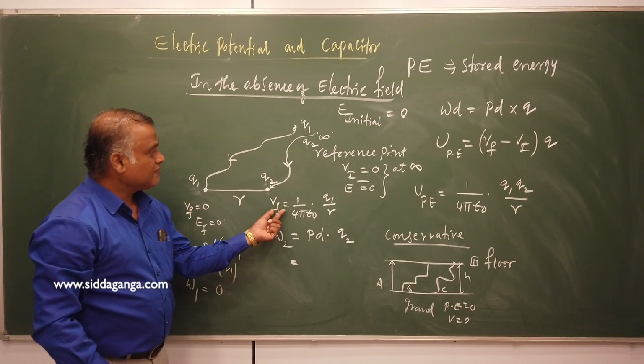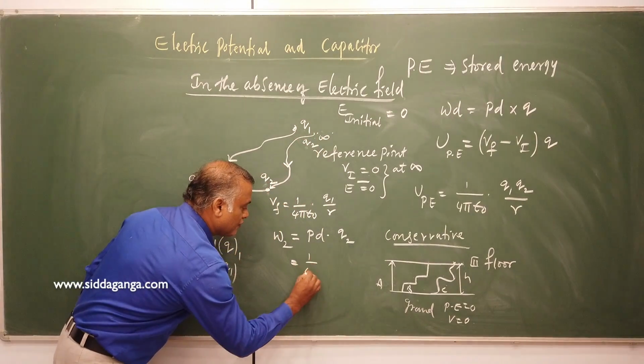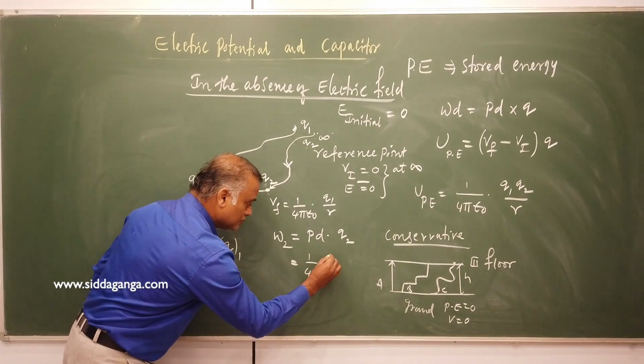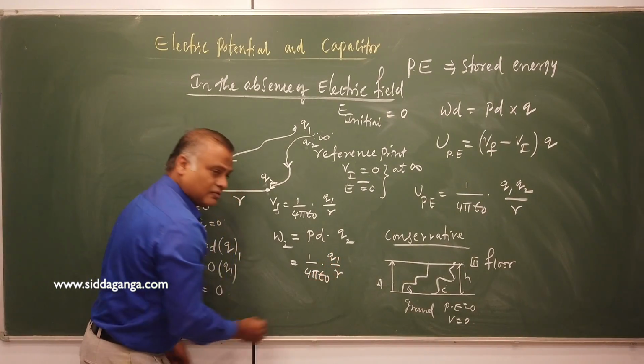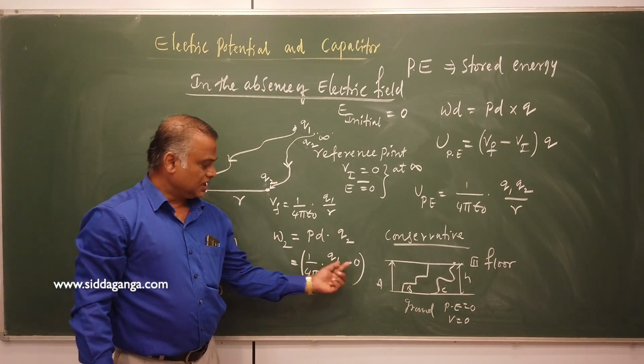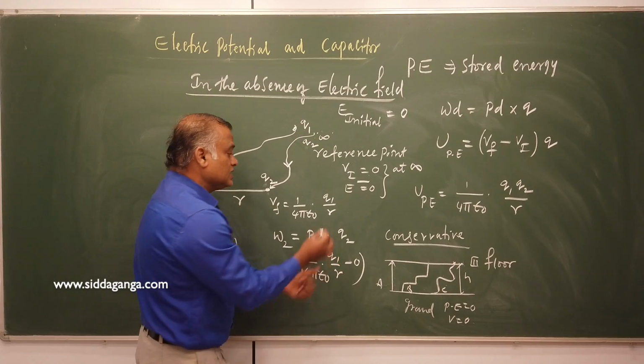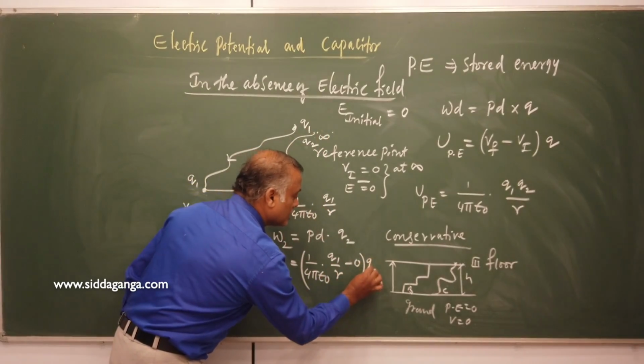Potential difference, V final minus V initial. V final is this, 1 by 4 pi epsilon naught, Q1 divided by R, minus 0. Potential difference, V final minus V initial, into the charge that is being carried, Q2.